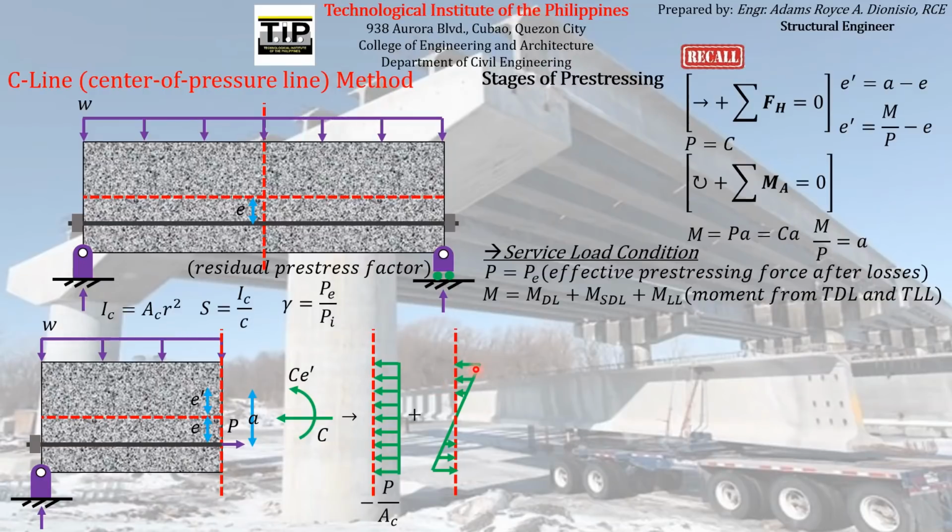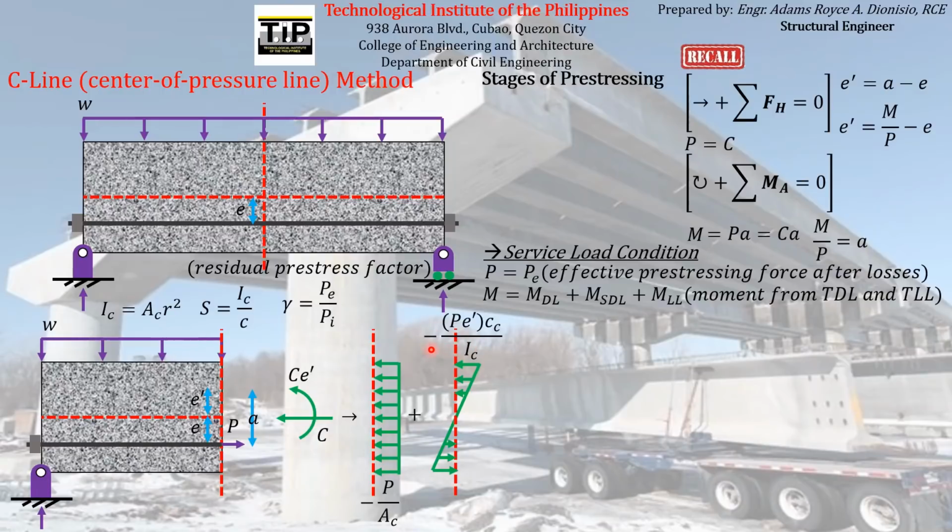With an extreme fiber stress acting here at the top of the concrete element equal to MC over I, wherein we just replace M by the bending moment CE prime. And again, since C is just equal to P, we can also replace C by P, thereby producing this formula acting on the extreme top fiber of the concrete.